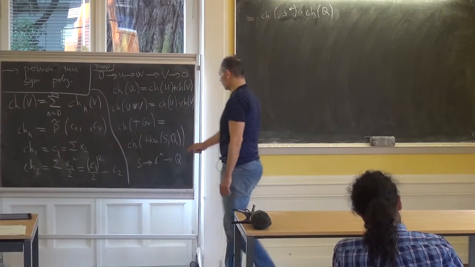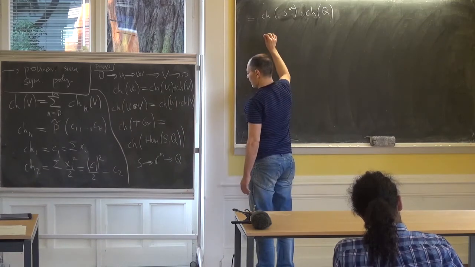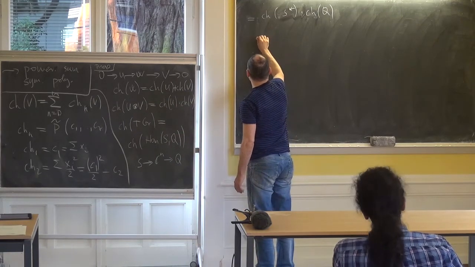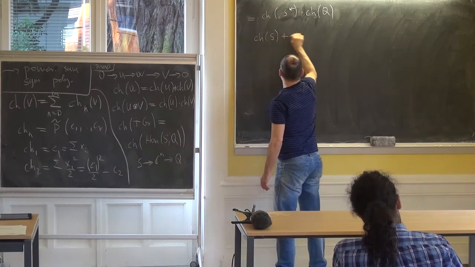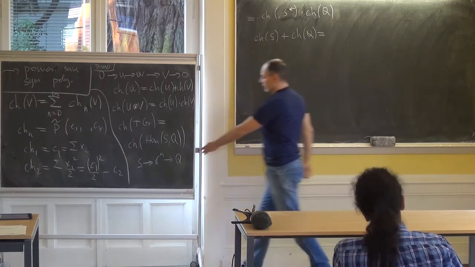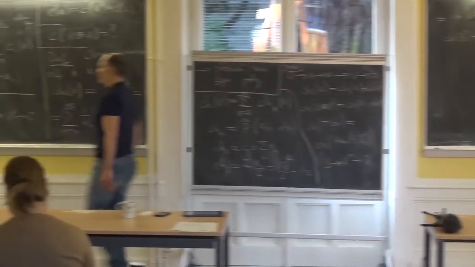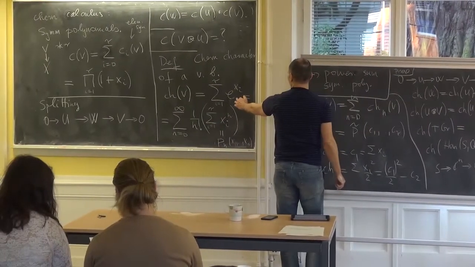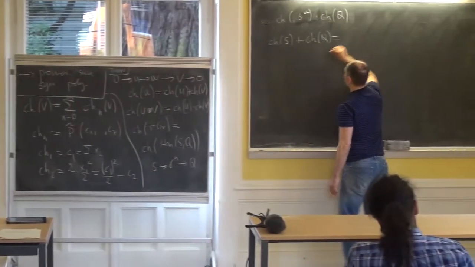So we have an exact sequence here, and this gives us a relation that says that the Chern character of S plus that of Q equals the Chern character of C^n, and for C^n all of these things are equal to 0, so the actual Chern character is equal to n.